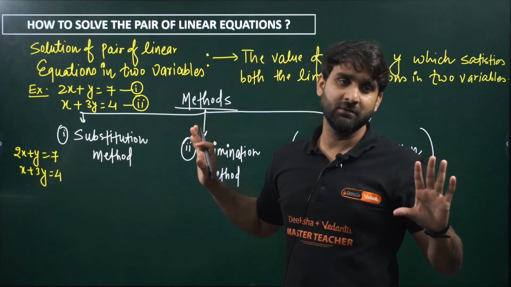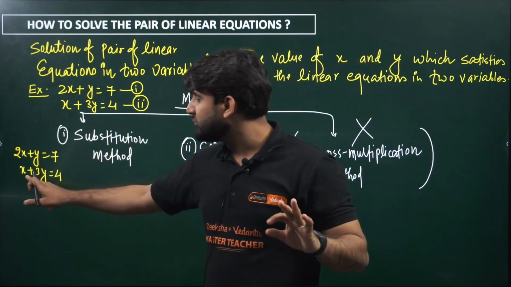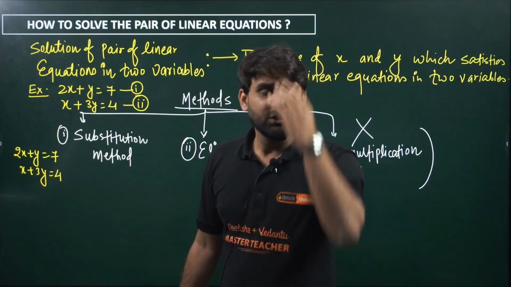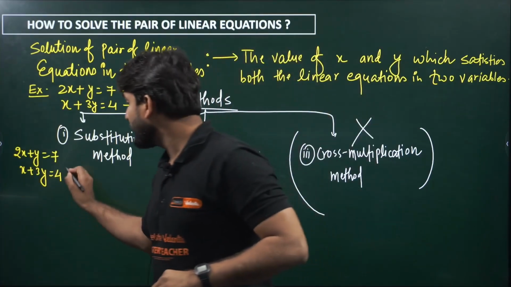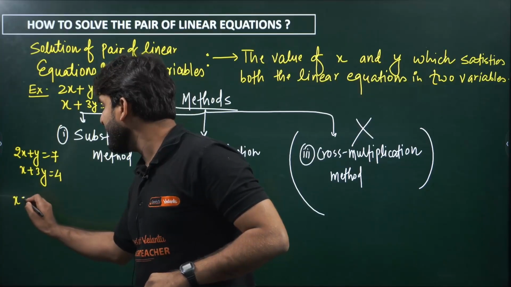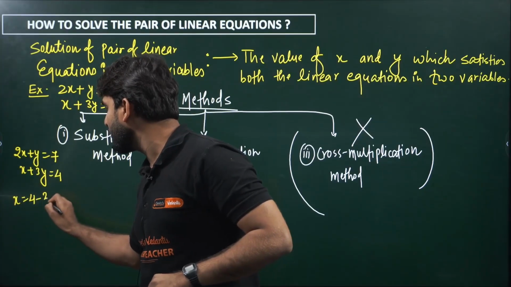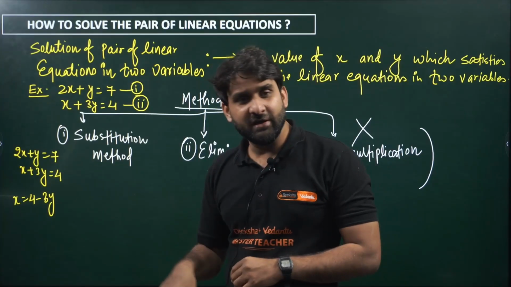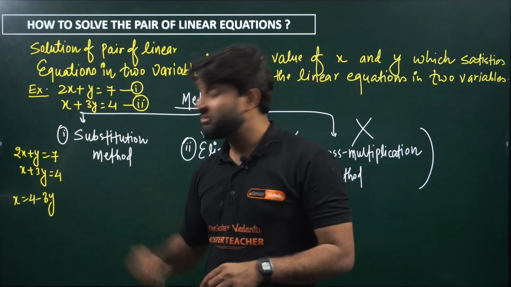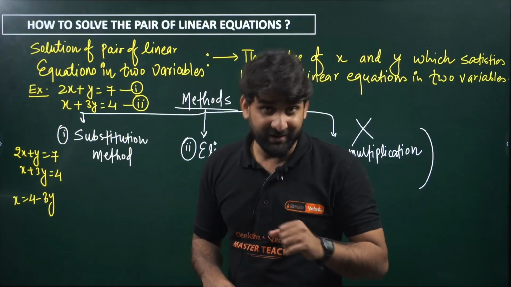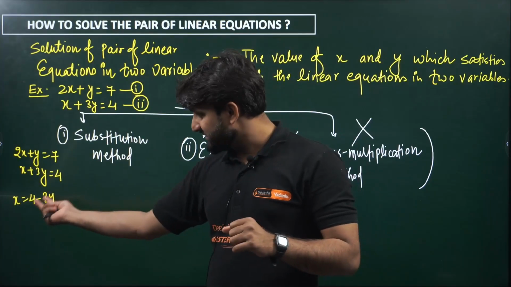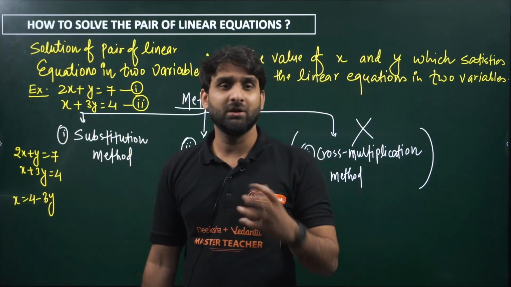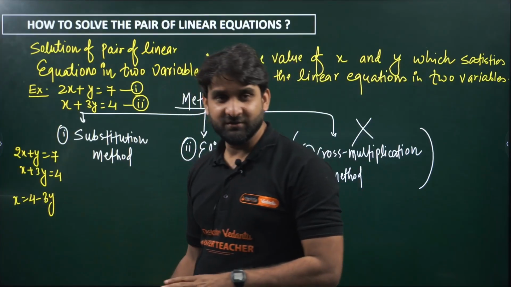You can apply anything. As I can see, in equation 2 the coefficient of x is 1, so x is alone. So from equation 2 we can write x as 4 minus 3y. Agree, everyone? Why am I preferring equation 2? Because in equation 2 the coefficient of x is 1, so taking x equal to 4 minus 3y will reduce our calculation complexity. So x will be 4 minus 3y.